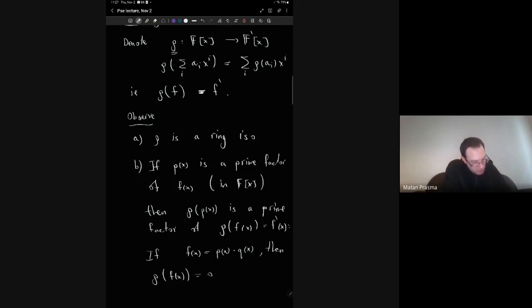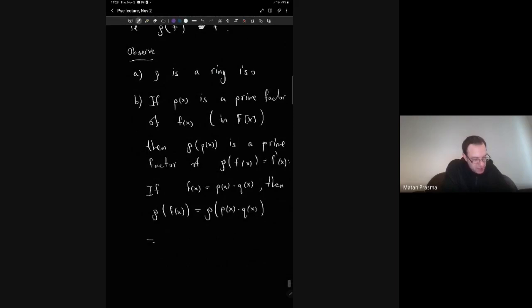It's the same as applying rho on p(x) times q(x), and since rho is a ring homomorphism, this is rho p(x) times rho q(x).